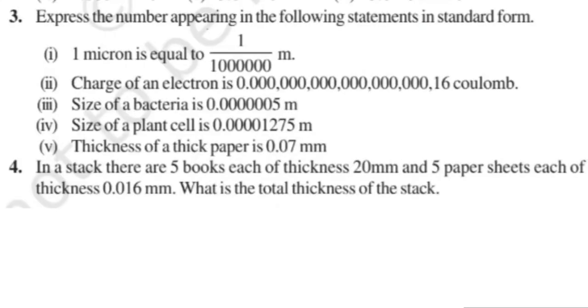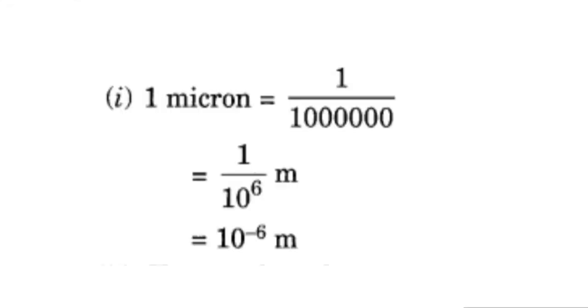Now see question number 3. Express the numbers appearing in the following statements in standard form. Number 1, 1 micron is equal to 1 upon 1 and 6 zeros. So this we can write as 1 upon 10 raised to 6 m, and 10 raised to 6 when it will come in the numerator, the answer will come 10 raised to minus 6.